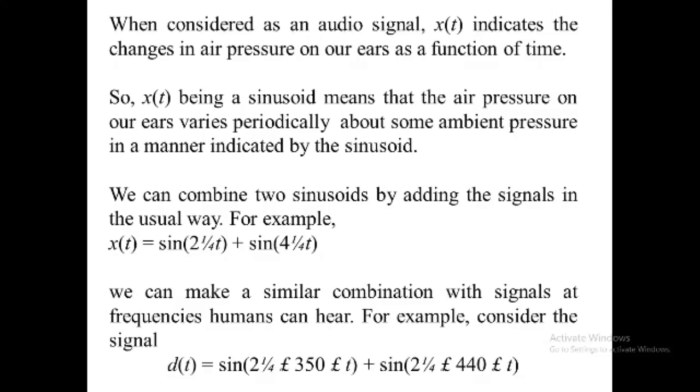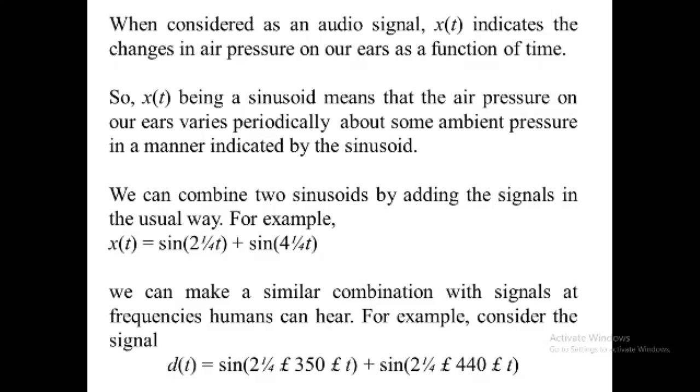Now we can combine two sinusoids by adding the signals in the usual way. For example, x of t equal to sine of 2 pi t plus sine of 4 pi t is a combination of a sinusoid with frequency 1 Hz and a sinusoid with frequency 2 Hz.